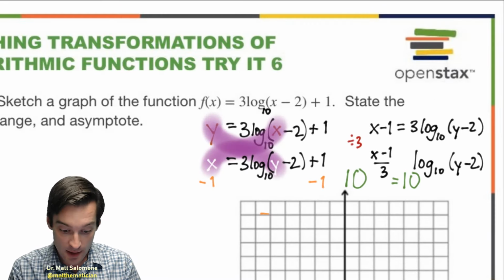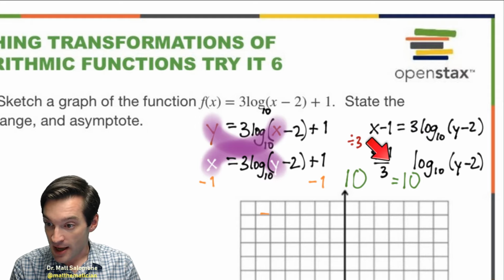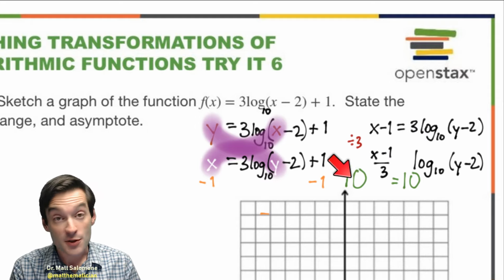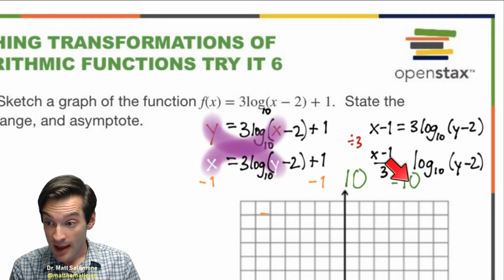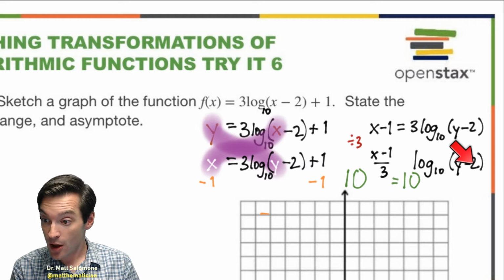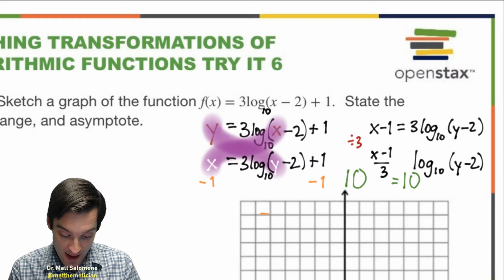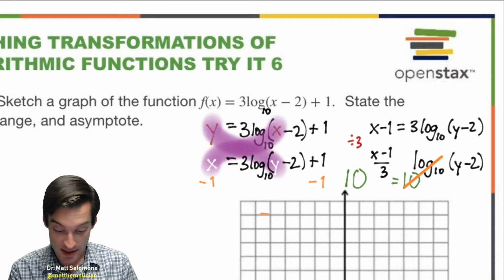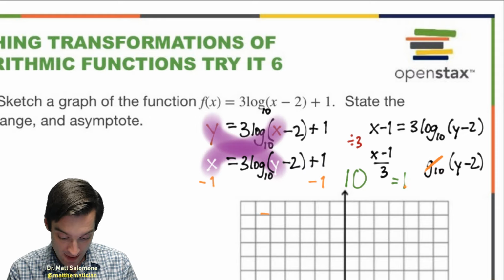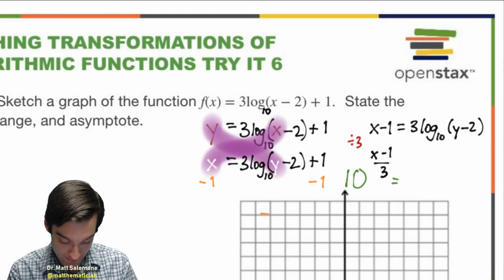We accomplish that just by using both sides of my equation as the exponent in an exponential expression whose base is 10. And then what we can conclude from this is that 10 raised to the base 10 log of y minus 2, that gives me the exponential and logarithm being inverse functions. They cancel one another out. And that 10 raised to the base 10 log of y minus 2 just becomes y minus 2.